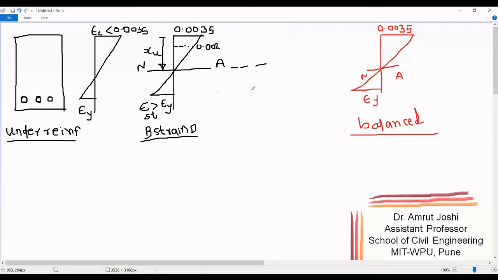So in principle, the bending stress distribution diagram qualitatively is going to remain the same. Stress corresponding to the strain of 0.0035 is going to be 0.446 fck till the strain drops to 0.002. This stress is going to remain constant, and then we are going to have parabolic variation.